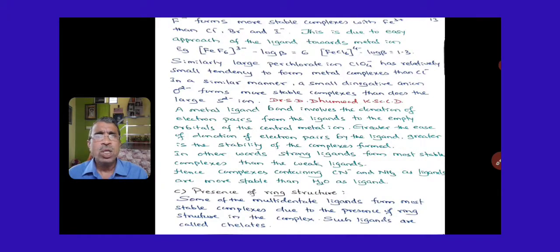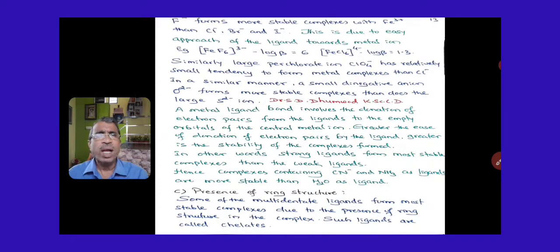In other words, strong ligands form more stable complexes than the weak ligands. Hence, complexes containing cyanide ion and ammonia as ligands are more stable than water as ligand.